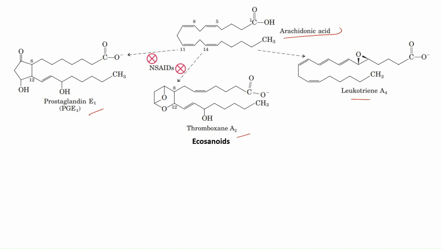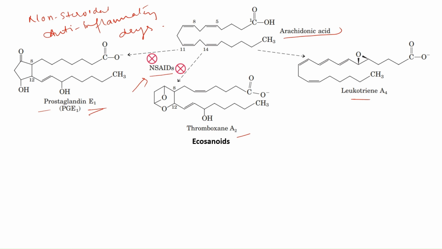Now here it is written NSAID, that is non-steroidal anti-inflammatory drugs, because eicosanoids like prostaglandin play an important role in inflammation. So whenever we have too much inflammation in our body, to stop that inflammation or to protect our body from it, the drugs we take are non-steroidal anti-inflammatory drugs.